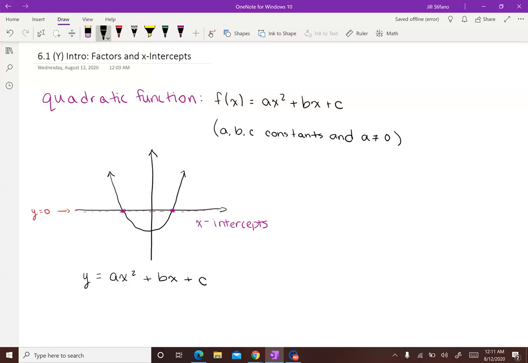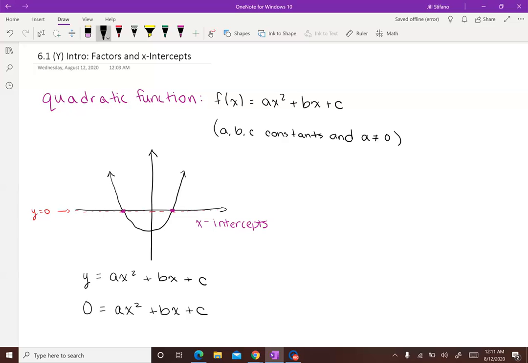So when we're looking for the x-intercepts, we plug in 0 for y. This will give us the places where the graph crosses the x-axis. So if we can solve this equation, then we know what our x-intercepts are. This is where our factoring comes in.